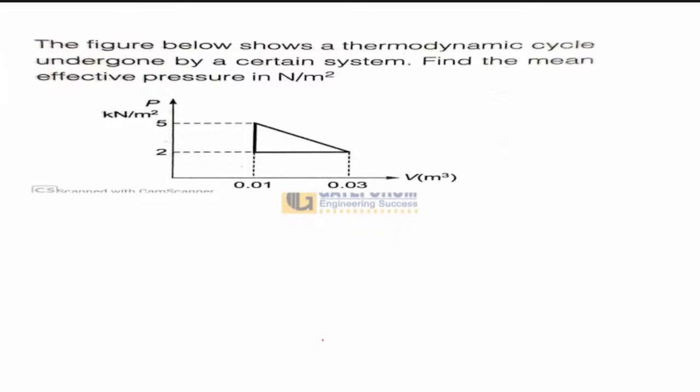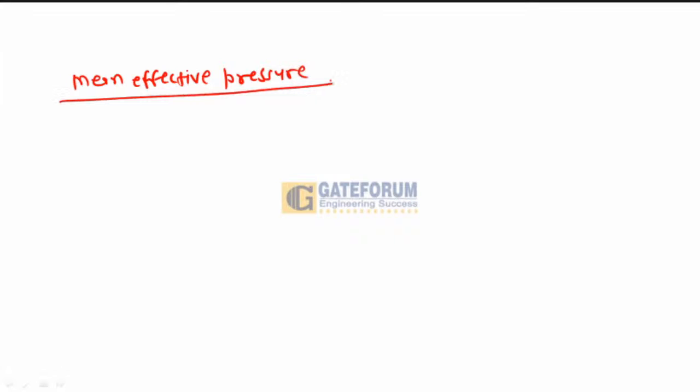Now, in questions sometimes you have to discuss the mean effective pressure. This is also playing a very important role. This is called P mean, PM. So what is a mean effective pressure, my dear friends? Try to understand this one.